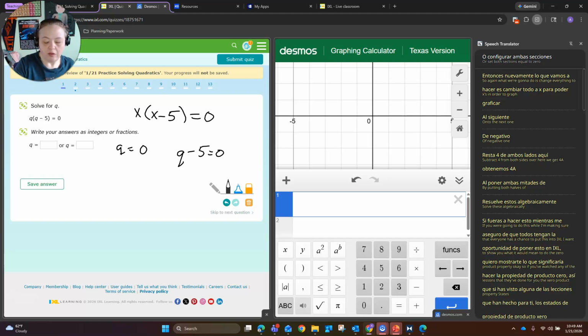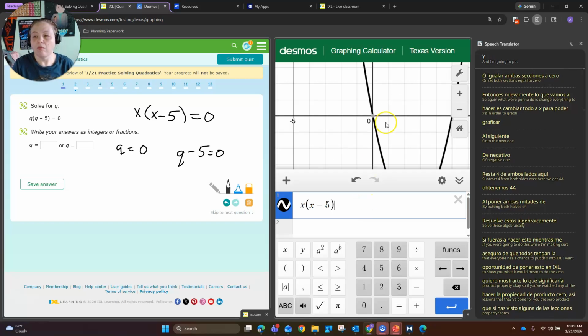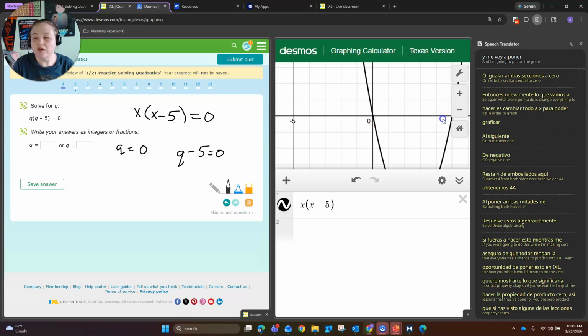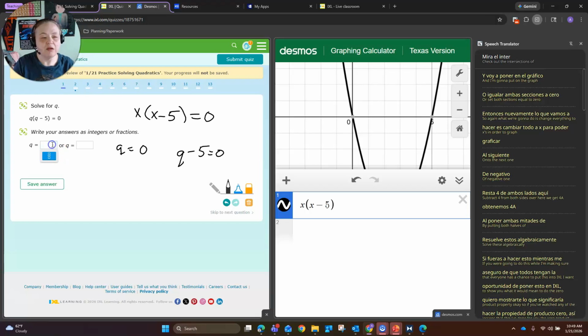Again, I'm going to put it on the graph and check out the intersections of 0 and 5, just like Riley said.